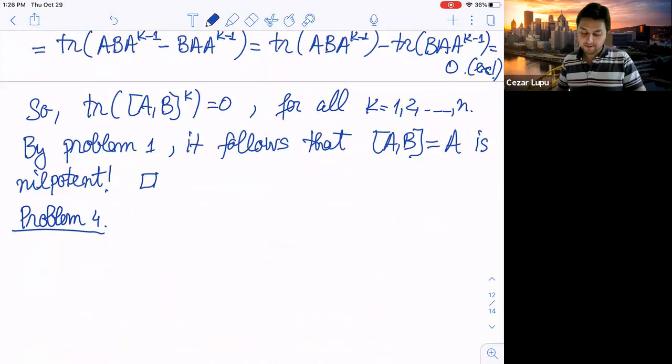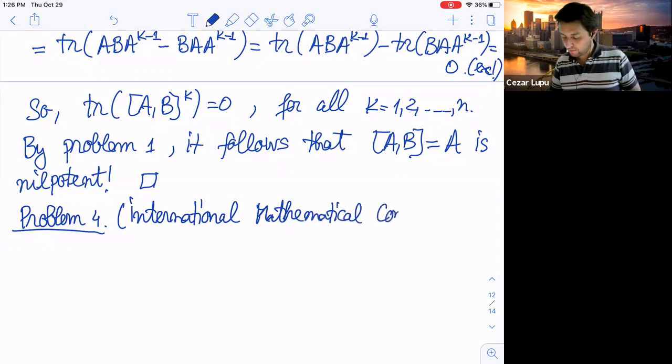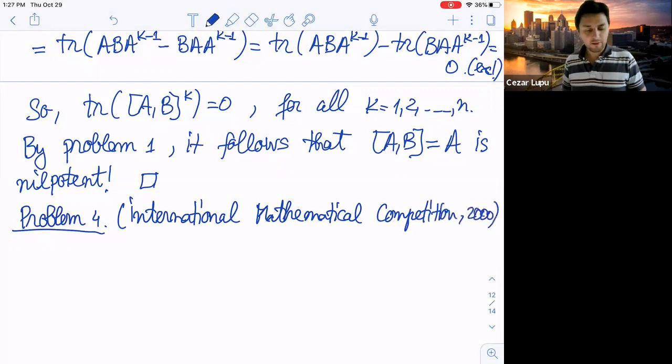Definitely not. This was an international mathematical competition, a worldwide Putnam. I even participated in this competition back in the day when I was an undergraduate. And this problem was given in 2000.